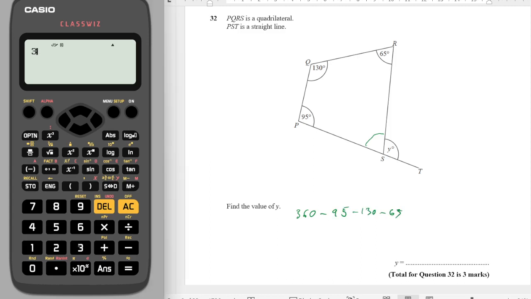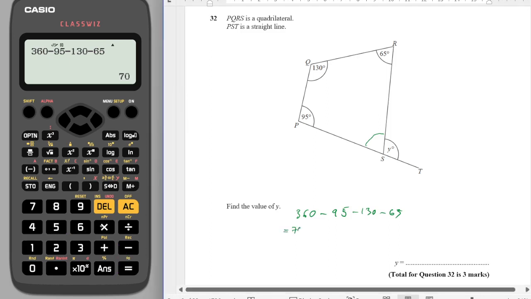So 360, the angle sum of a quadrilateral, minus 95 minus 130 minus 65 gives me a total of 70 degrees. So y is going to be equal to 180 minus 70, so it will be 110.